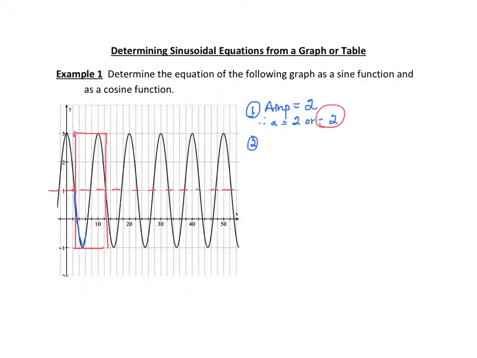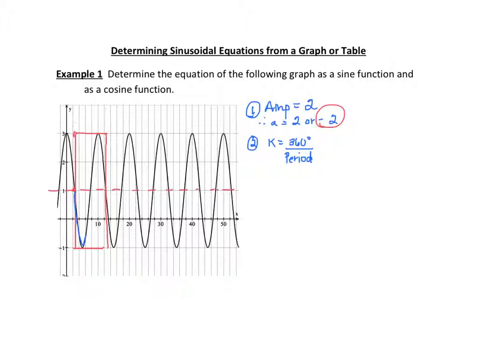Okay, next thing. We can see, not overly clearly, mind you, but from this graph we can see what the period of the graph is. Now pay attention to the scale on the x-axis, which appears to be increasing by 2, given the numbers that are marked off there. So in order to find our k value, we're going to take 360 degrees and divide it by the period.